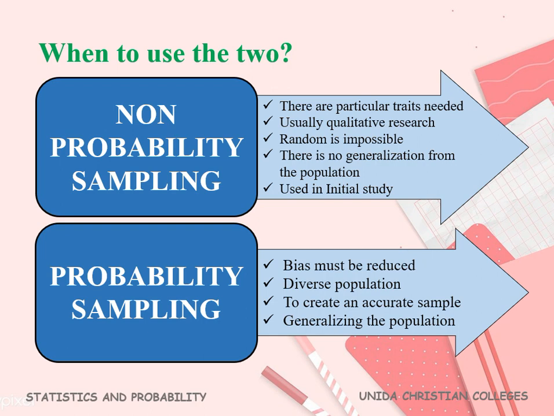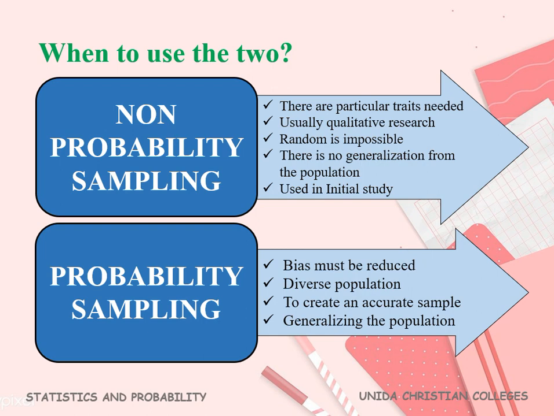So, there is no generalization from the population. Kung ang kinuha lang naman nating respondents is tayo mismo ang pumili, hindi natin siya pwedeng i-generalize out from the population. And usually po, ginagamit to sa mga initial study or mini research.